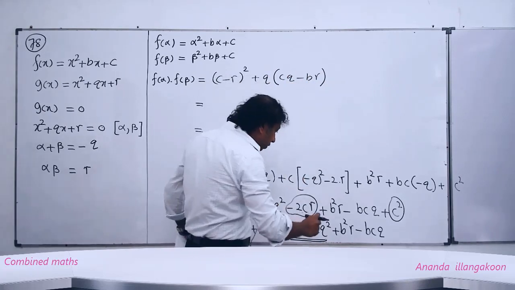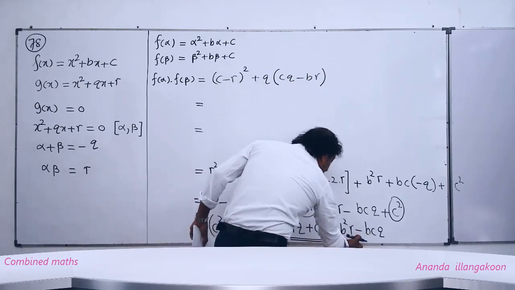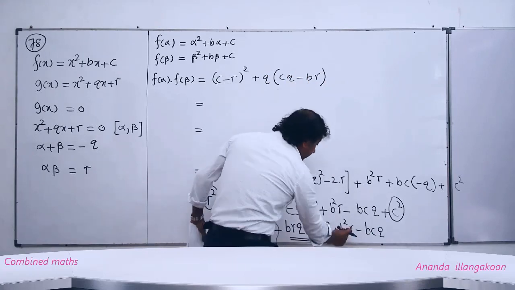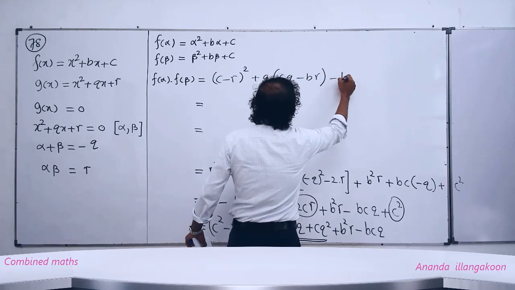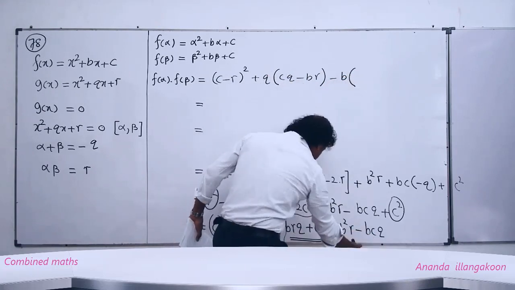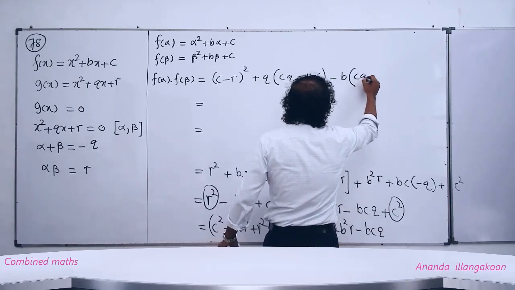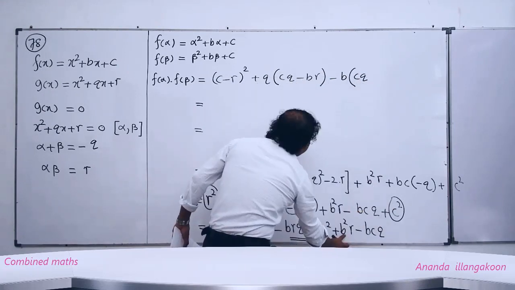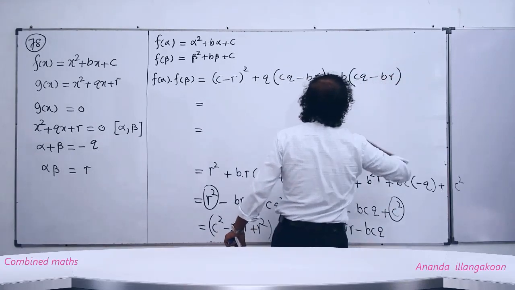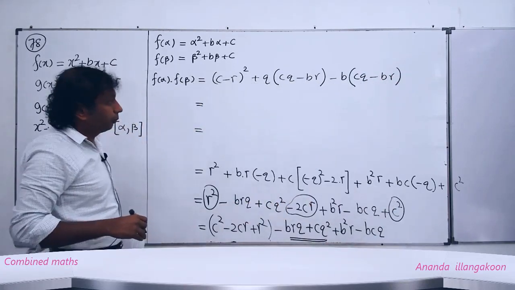People, by these two terms, we can take minus B out. When you take minus B out, we get CQ, and here minus BR. CQ minus BR is coming from there too.